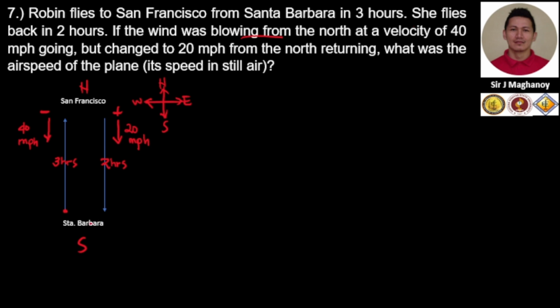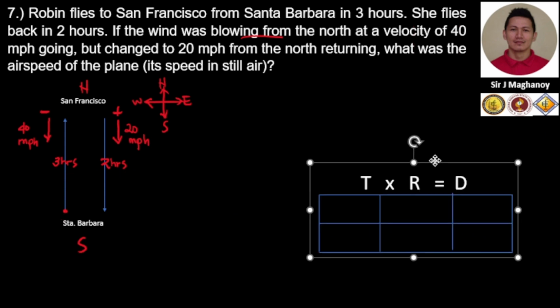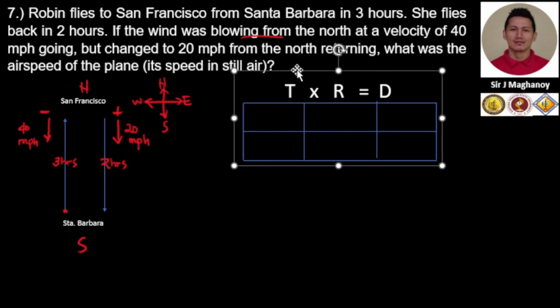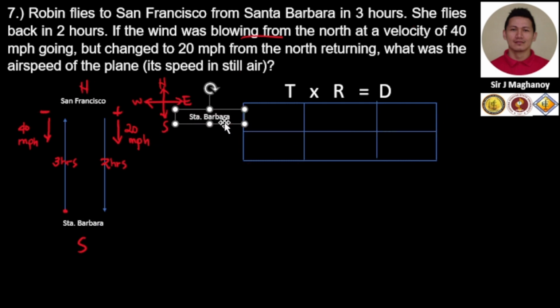So how can we establish our diagram or our time rate distance table? From the given, let's recall our time rate distance table. Our first travel is, for example, Santa Barbara going to San Francisco, SF. Then the return, from San Francisco going to Santa Barbara.